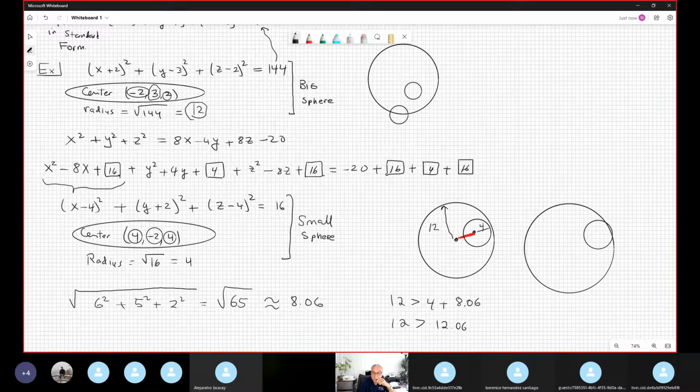GeoGebra. I try to find it. Oof, again, it's frozen. I don't know exactly what's going on. Okay, open new script. Open this one, the 3-1, two spheres and distance.